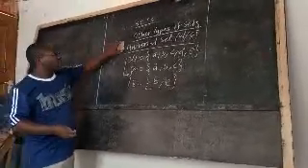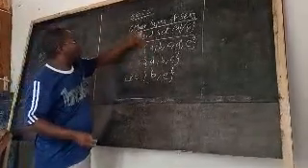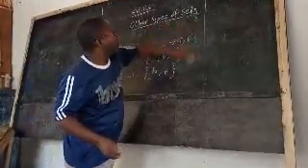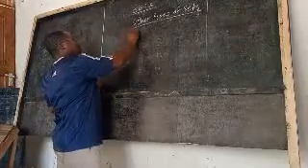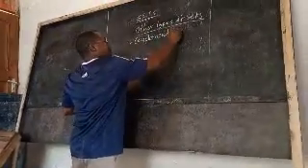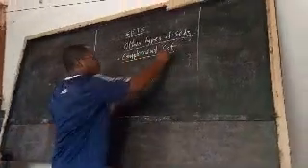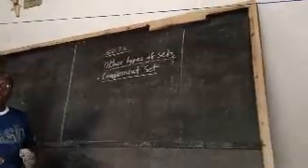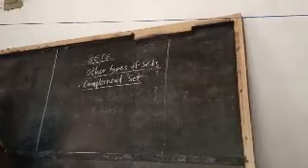Another set is known as a complement set. A complement set is a set which contains elements which are not found in that set.